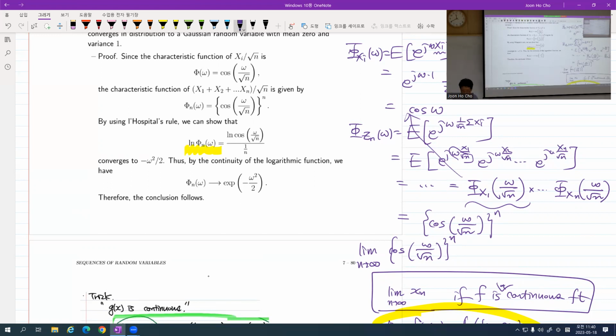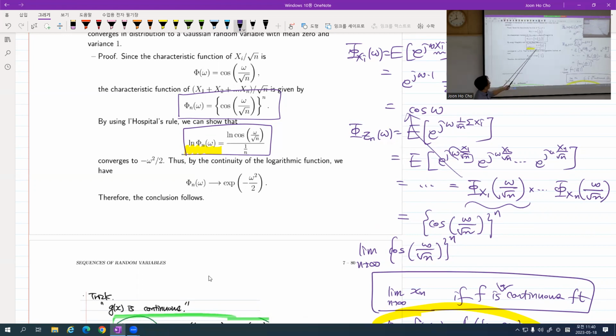So here goes the trick. Instead of directly considering the limit of this function, you derive the limit of log of the characteristic function, and after you get the result, you put it in the exponent of the exponential function. And let's see what happens. What is the limit of this one? Still formidable?